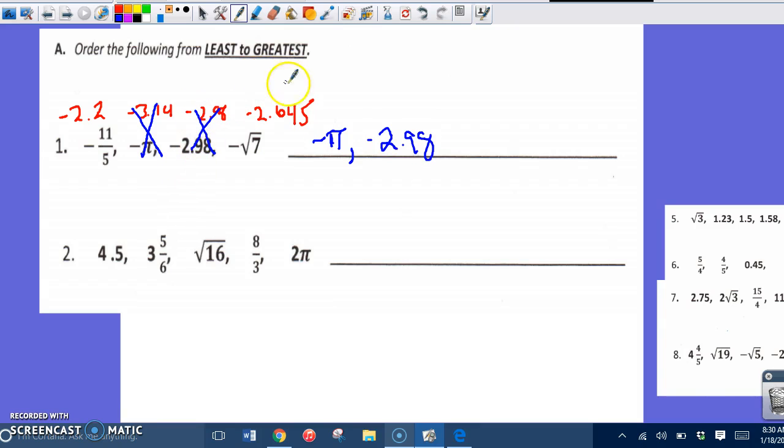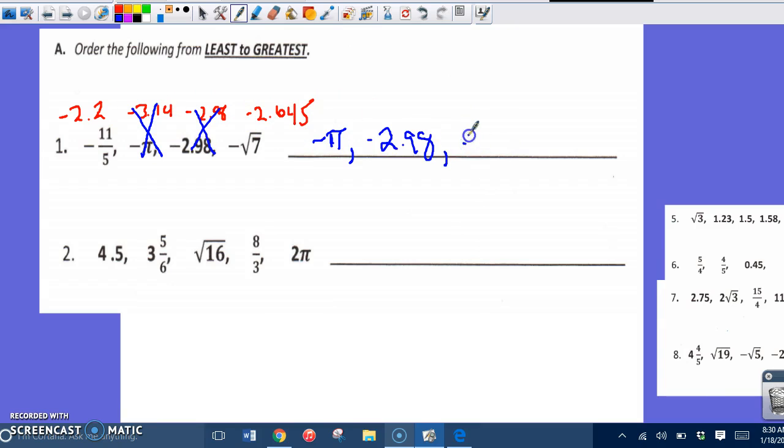And then I have this one, because I have negative 2.64 or negative 2.2. So remember, you're going from least to greatest. And in this case, since they're all negative numbers, the greatest number will be the one that technically looks the smallest, but remember, we're dealing with all negatives. So basically the one that's closest to 0 is the one that's the largest.